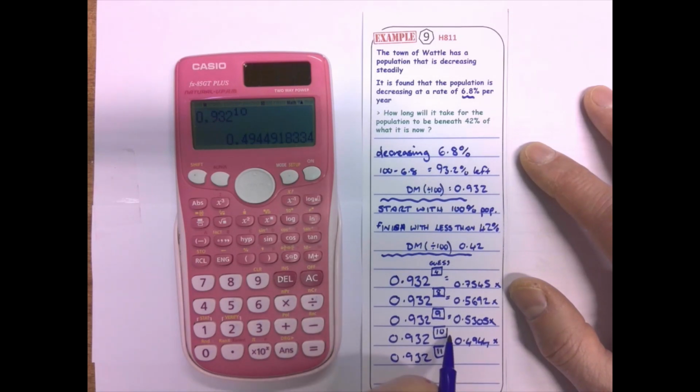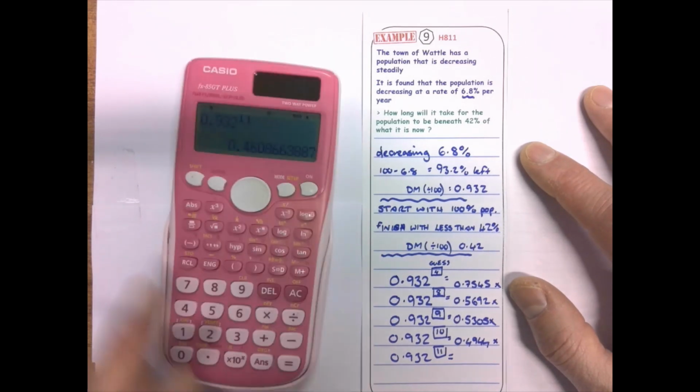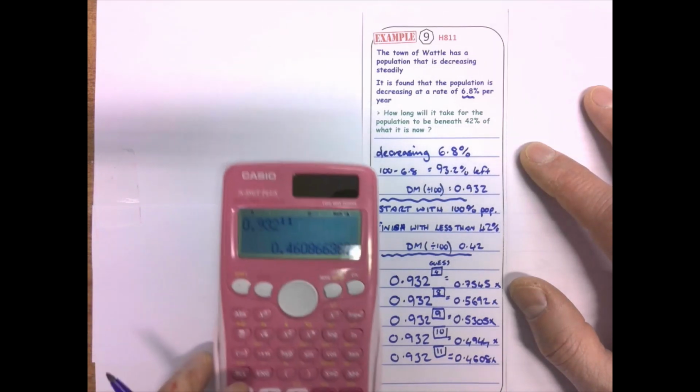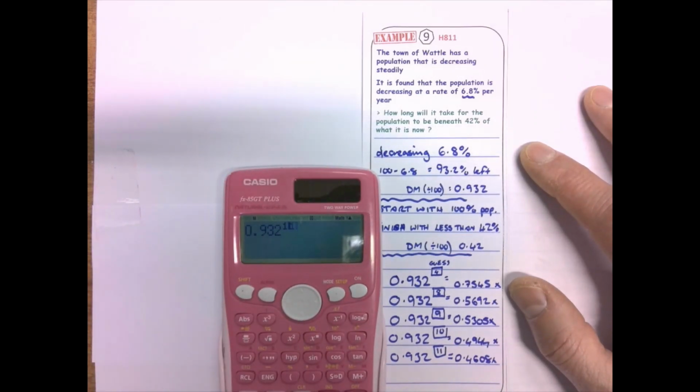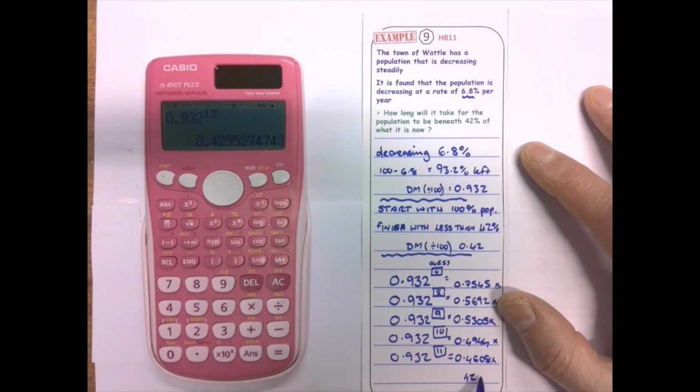Let's try 11. So we'll go backwards, delete that, make that 11. 0.4608. Still not right. Make that 12. 0.4295. Okay, that's still not enough people lost. So hopefully this is going to be the one, right?